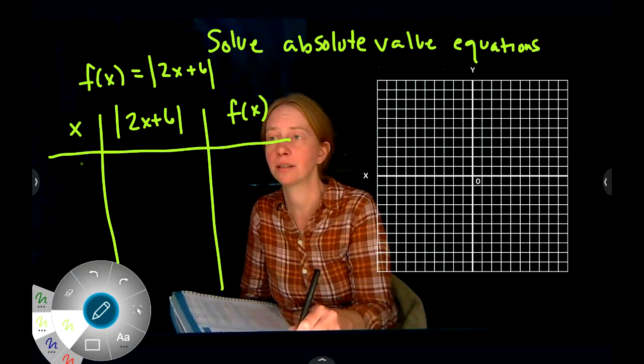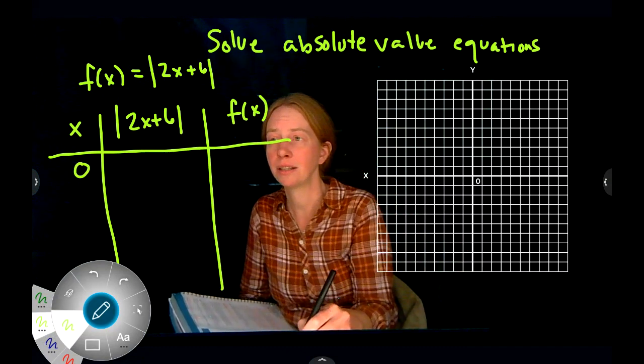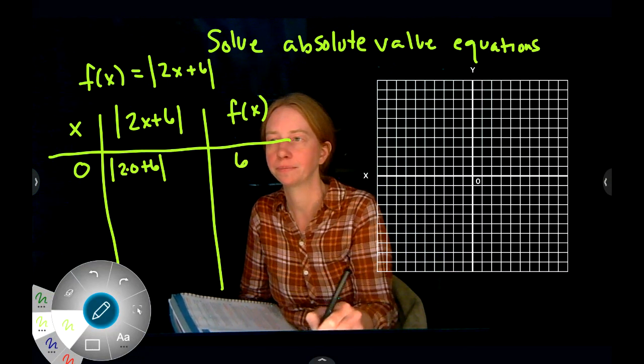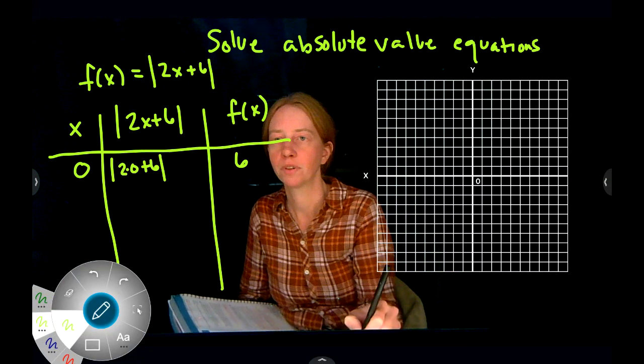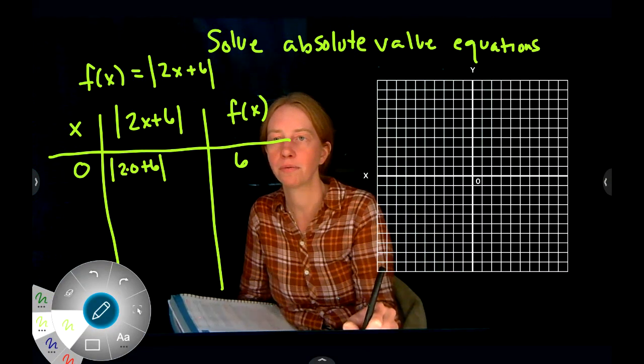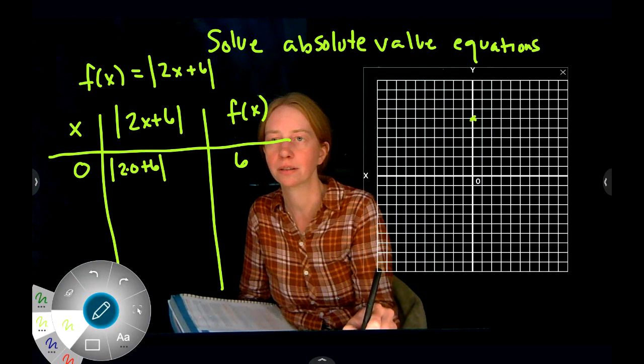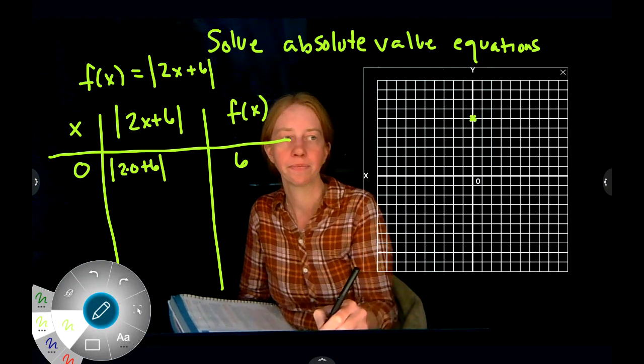I always like to start with 0 because 0 is easy. So we have 2 times 0 plus 6, which is 0 plus 6, that is 6. So 0, comma 6 is one point: 1, 2, 3, 4, 5, 6. This is a point on our graph.